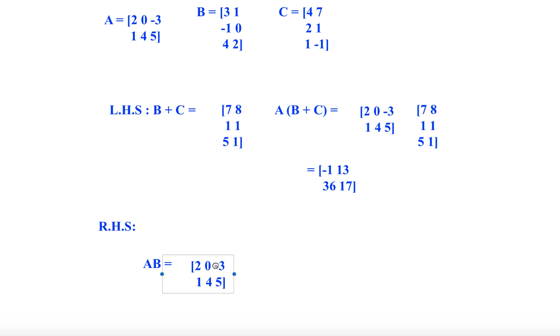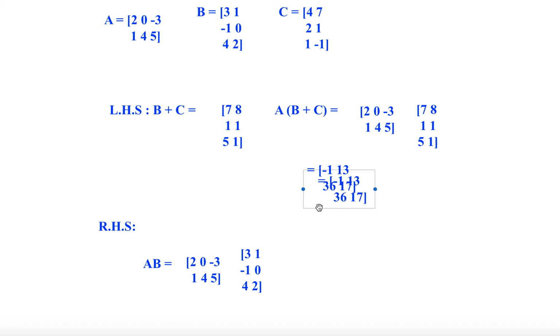Okay, that is A. What about B? This is B. This into this. Similar, right? 2 by 3, this is 3 by 2. Multiplication is similar. What you will get finally?